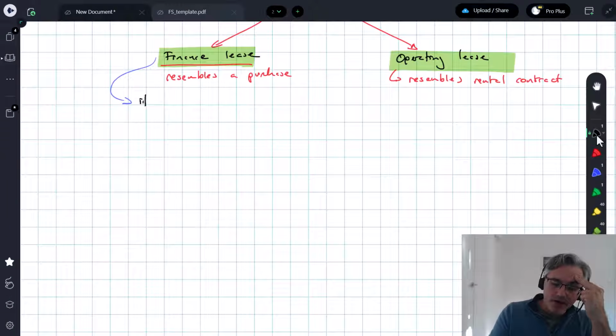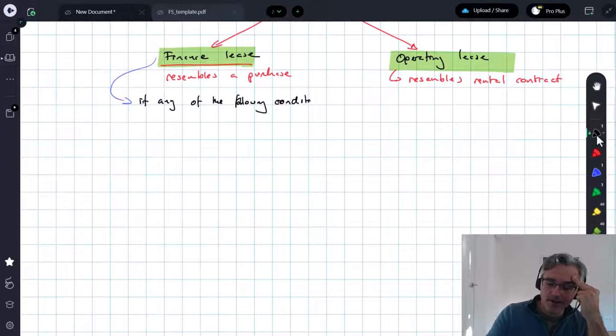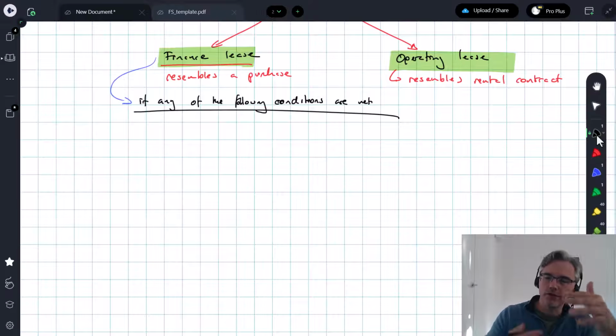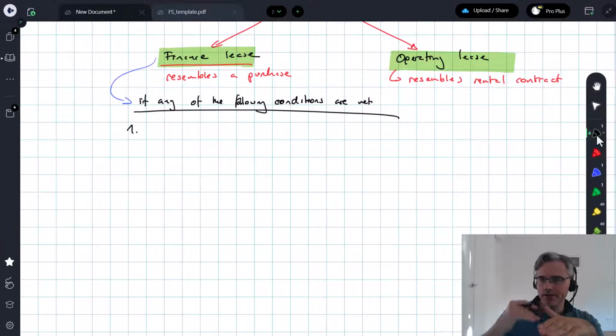So if any one of the following conditions are met, we've got a finance lease on our hands and we've got to deal with it accordingly. By the way, until now, there is no difference between IFRS and US GAAP.